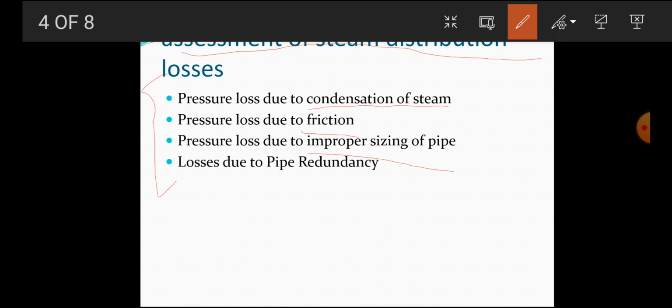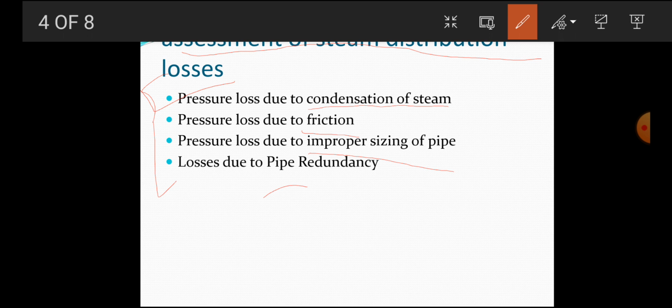So first is pressure loss due to condensation of steam. As steam condenses in the process, flow is induced in the supply pipe. Condensate has a very small volume compared to steam.